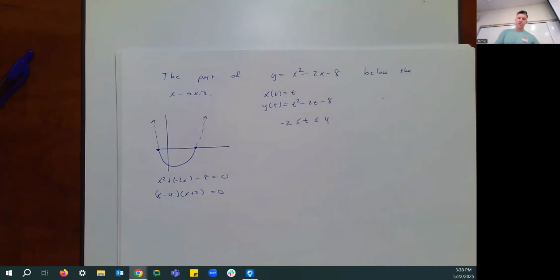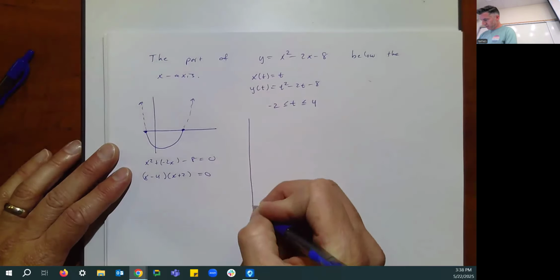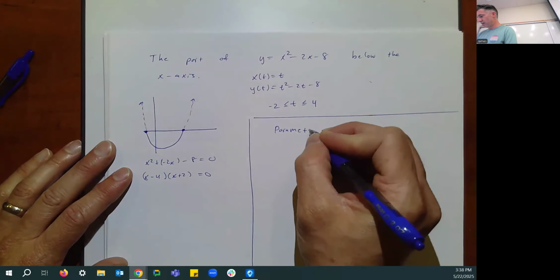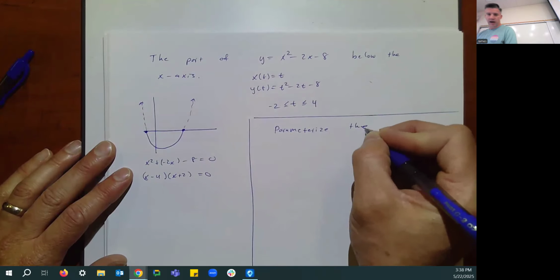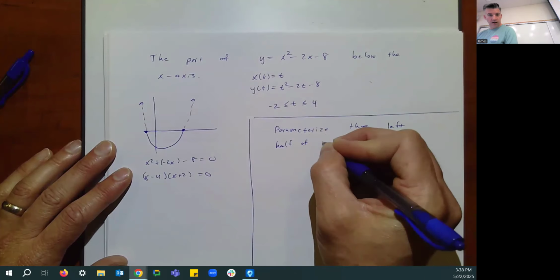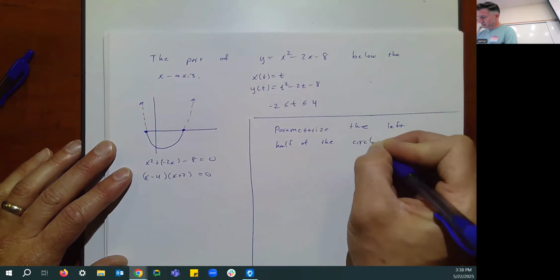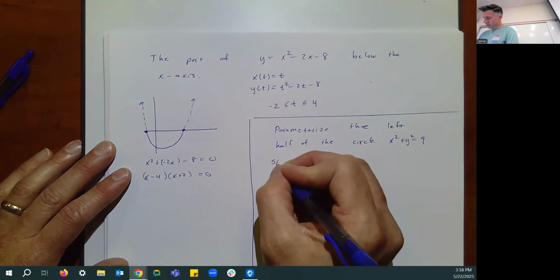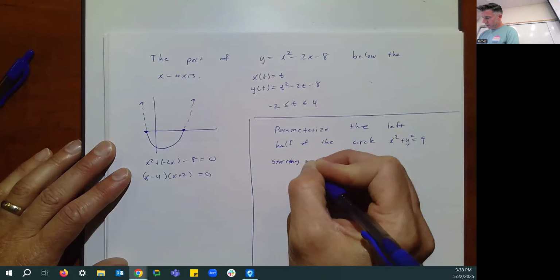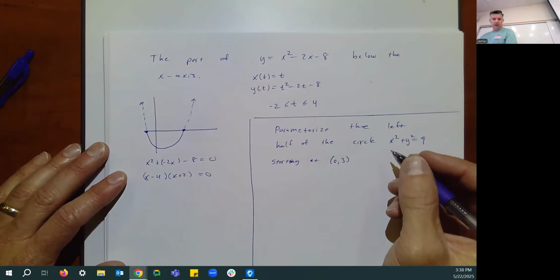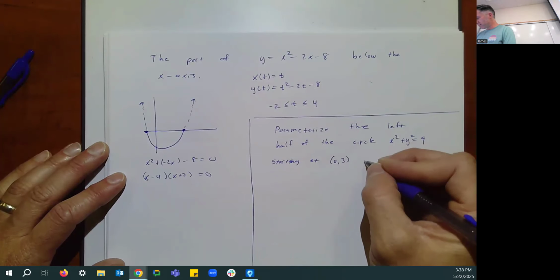Let's talk about the more typical things, like say we want to parameterize the left half of the circle x squared plus y squared equals 9, starting at the top, (0, 3), and moving in a counterclockwise direction.